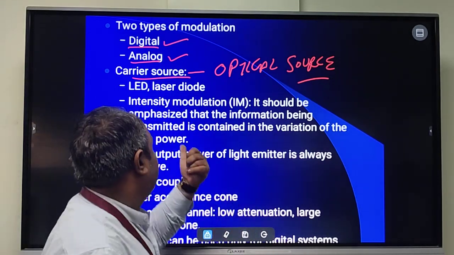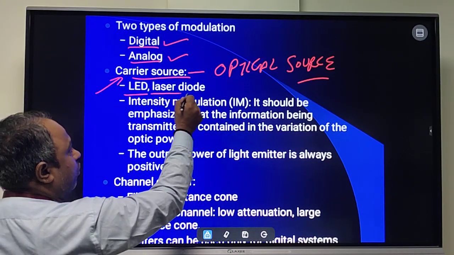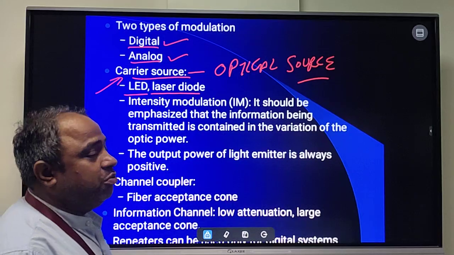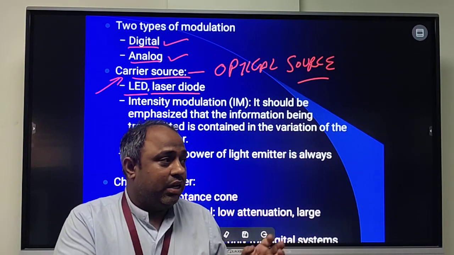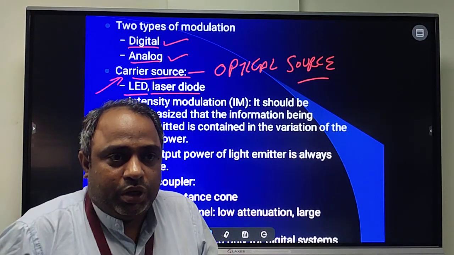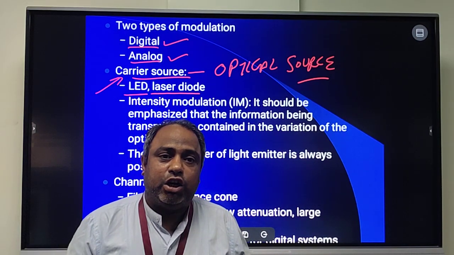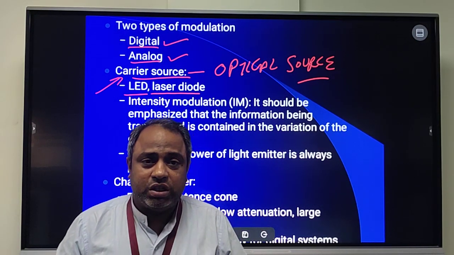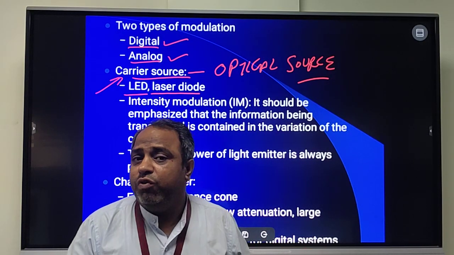Two different types for signal transmission: one is LED and the other is the laser diode. LED means light emitting diode. When current passes, light is emitted. The principle of LED is electroluminescence, which means your signal will travel in the form of light, not in the form of current.